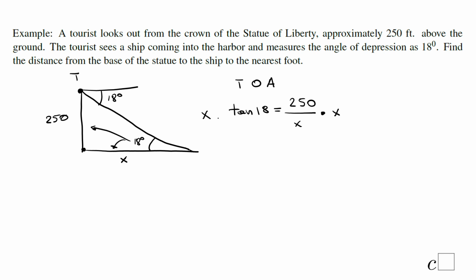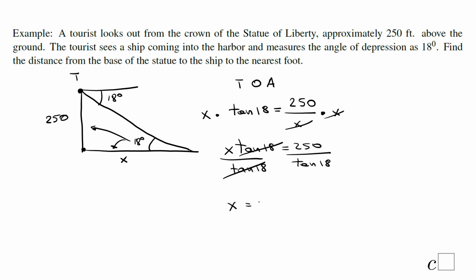We did that in a couple of problems. By now you know. x tangent of 18 equals 250, and the last step, divide by tangent of 18. I'm going to cancel this tangent of 18. Don't forget to do it on the other side, obviously. And this is the exact answer. x equals 250 over tangent of 18.